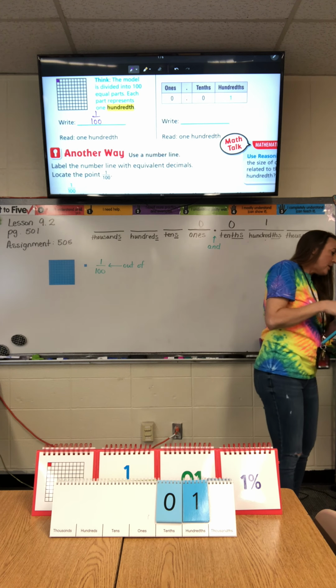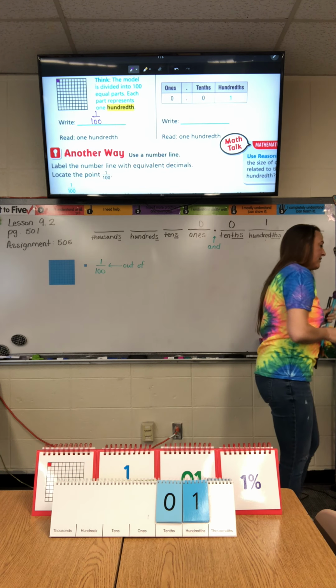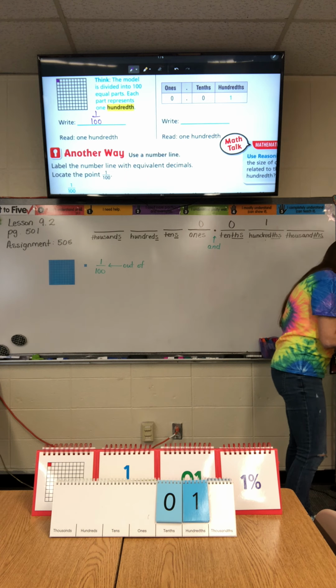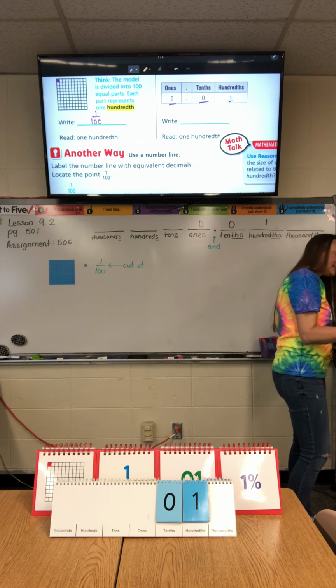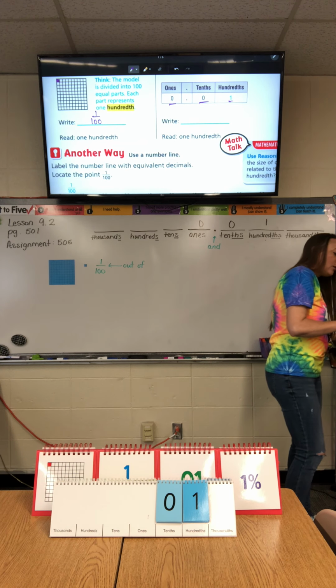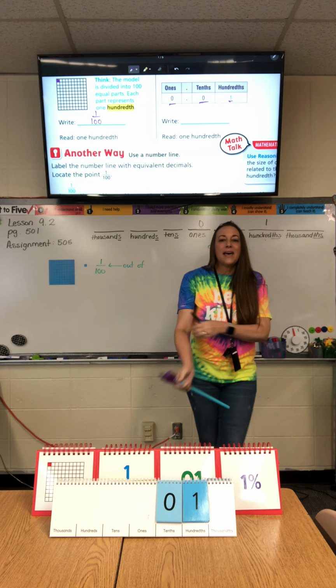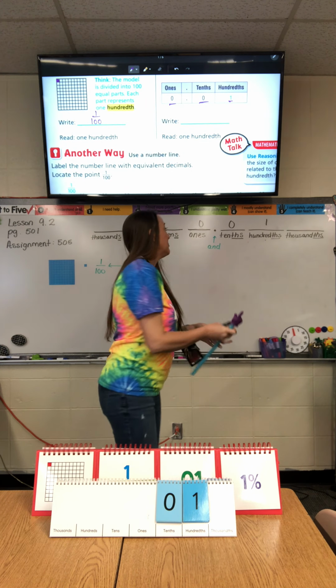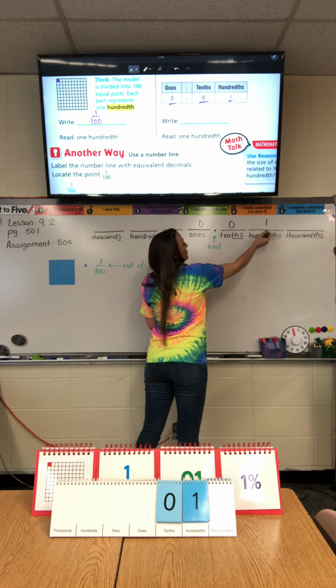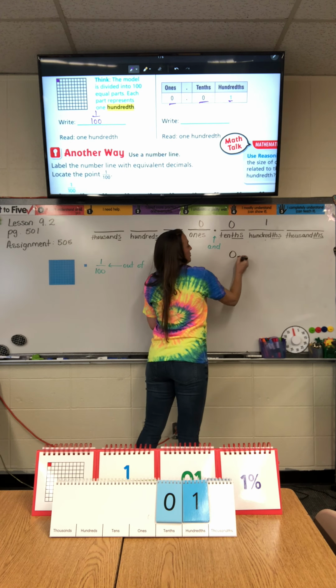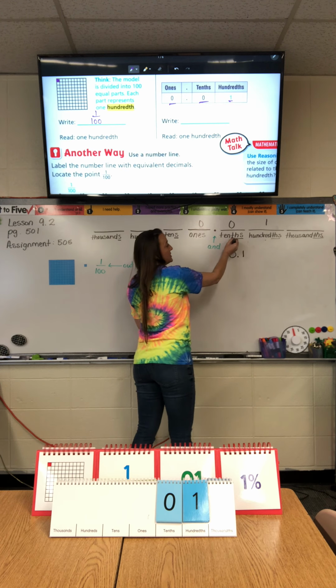Okay, so on the place value chart, they've already stuck the 1 in the hundredths place, but notice that they have a 0 in the whole, so 0 whole seconds, and a 0 in the tenths place. So if we didn't put that 0 in the tenths place, it would just look like 0.1, and that's tenths.